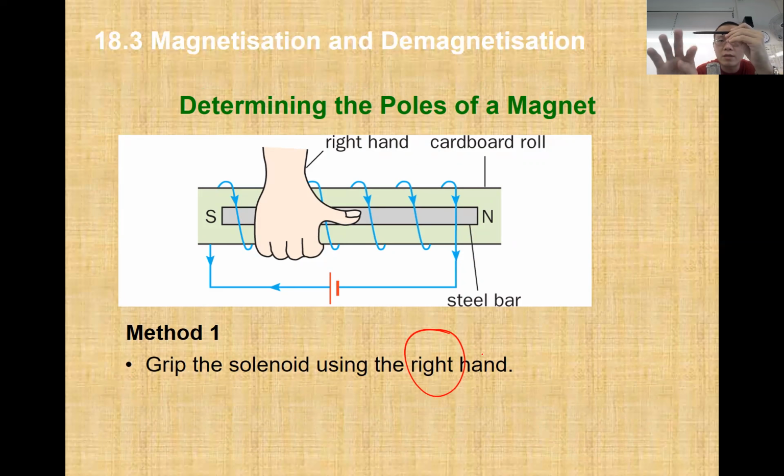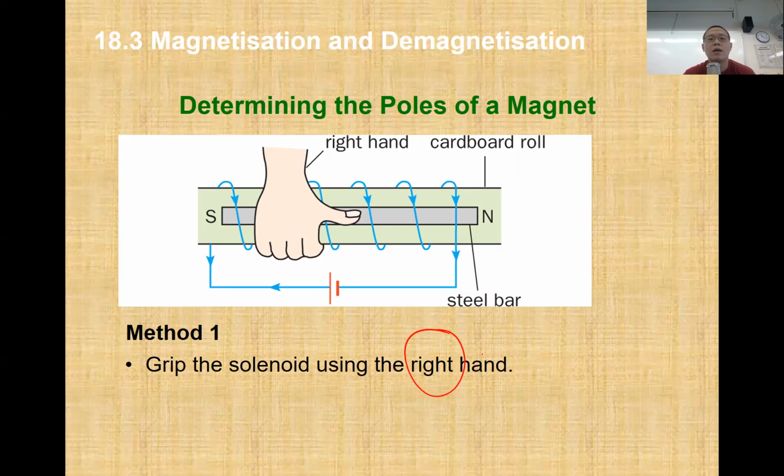Your fingertips will represent the current, so you curl your fingers, and once you curl them, the thumb will represent the North Pole. If you look at the orientation in the picture, you wrap your fingers around the bar and you'll find that your thumb will point to the right side.